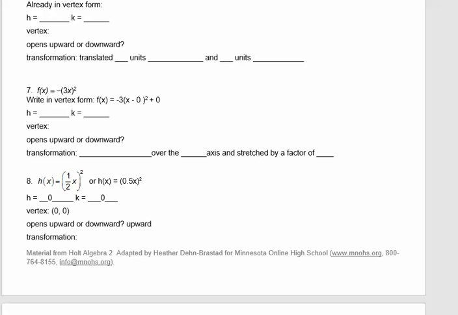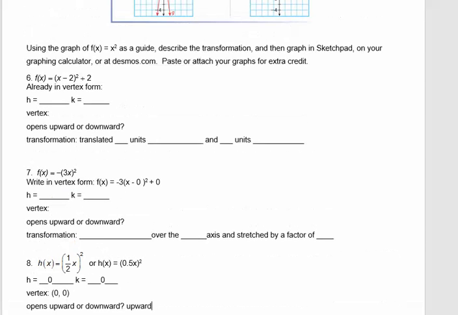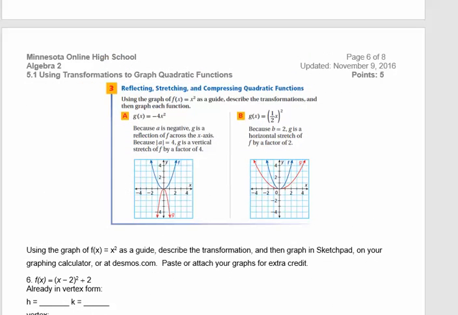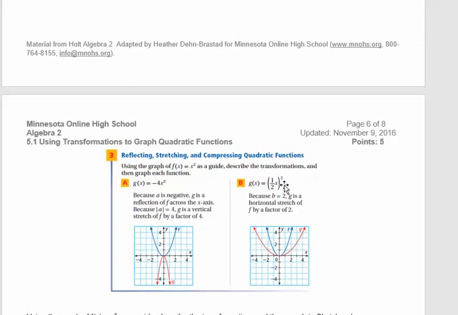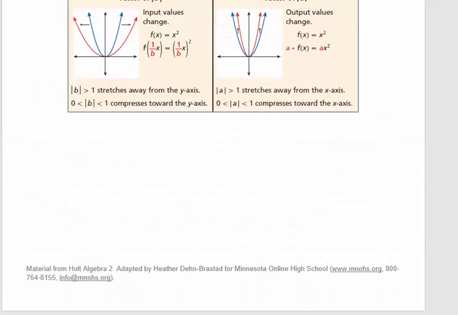Now, what about the transformation? It's not a translation, it's a transformation. There is no translation because h and k are both 0. However, because there is a number in front of the x squared, that does mean that there has been a stretch or a compression.